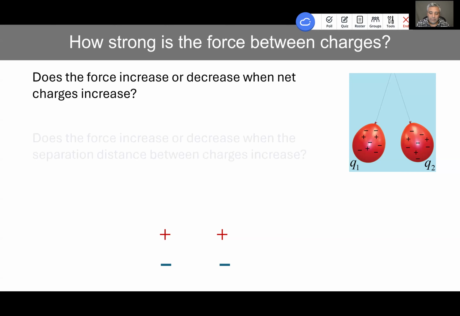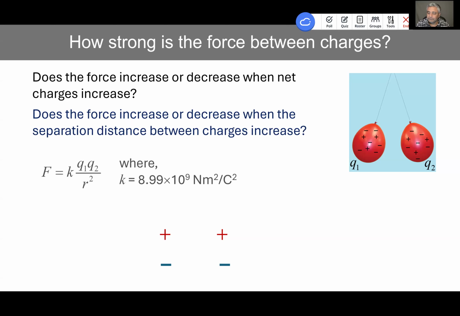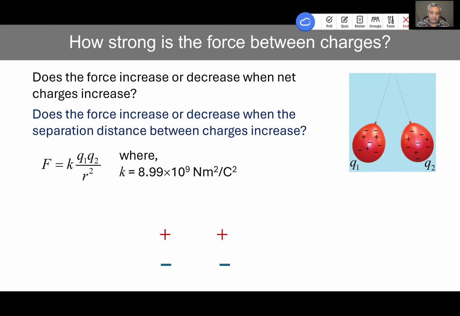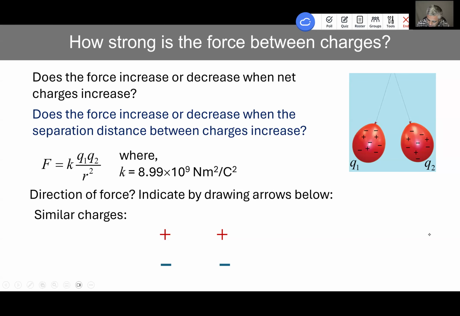It turns out the force is proportional to the product of charges, Q1 and Q2, and to R, the separation distance between them. For example, here there is this Q1 balloon and Q2 balloon, and the separation distance between them is R. That's what we are denoting.